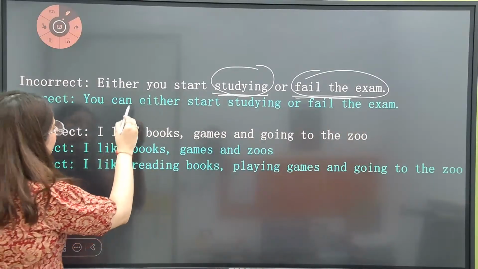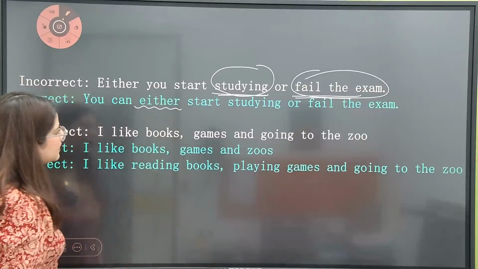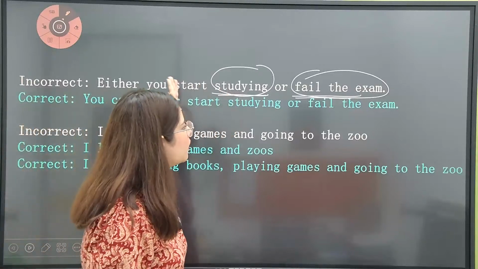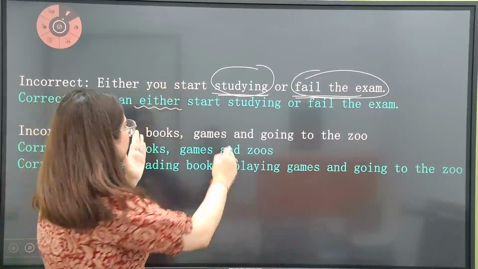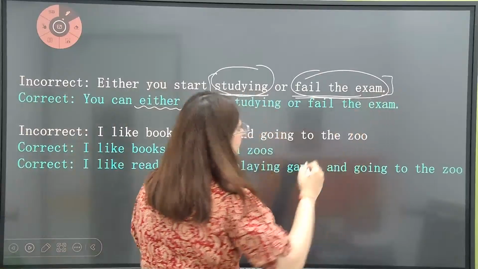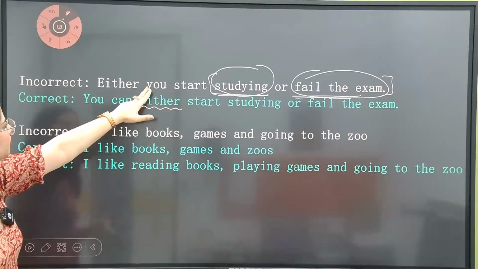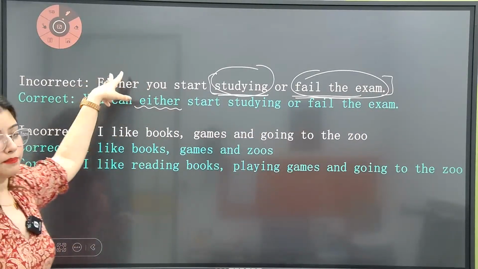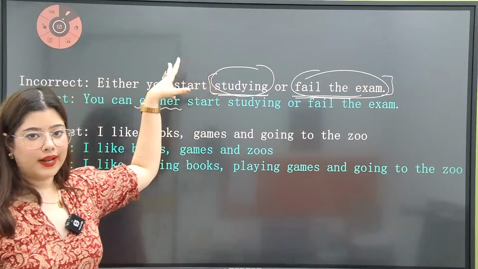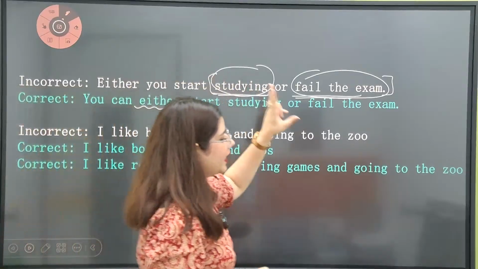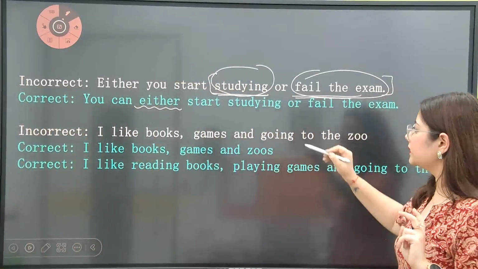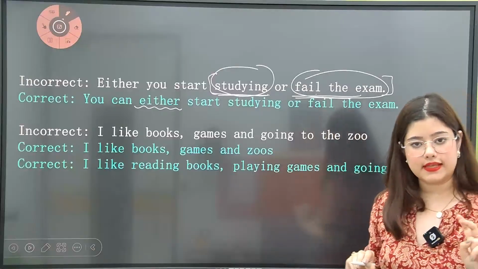So either will be placed just before the two choices that we have and not before your subject. Right? We have a choice between two things, studying or failing the exam.